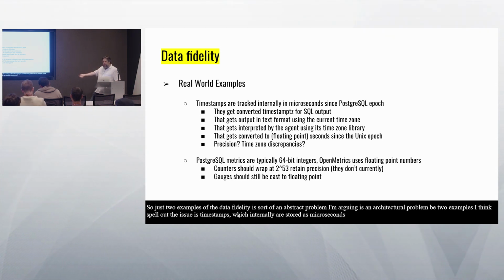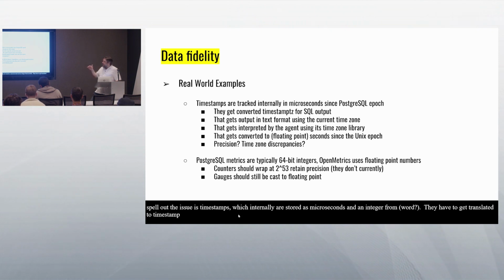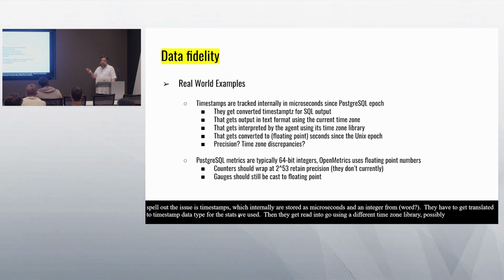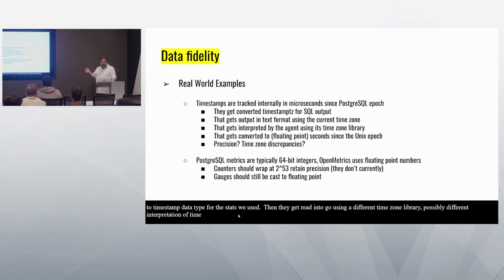They have to get translated to a timestamp data type for the stats views. Then they get read into Go using a different time zone library, possibly a different interpretation of time zones. Hopefully, I believe Postgres exporter sets the time zone for its connection to GMT, so it's trying to avoid these problems.